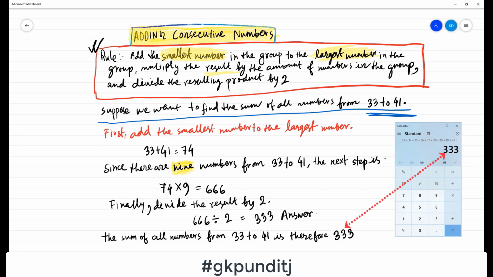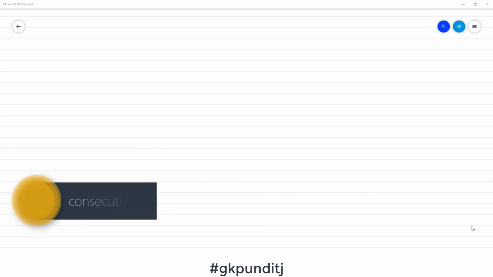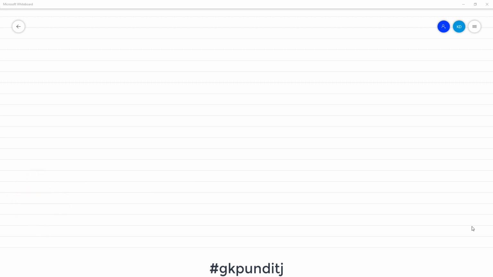So now, when solving consecutive word problems involving consecutive integers, that's very important, it's important to remember that we are looking for integers that are one unit apart.